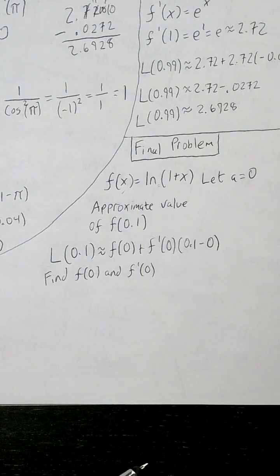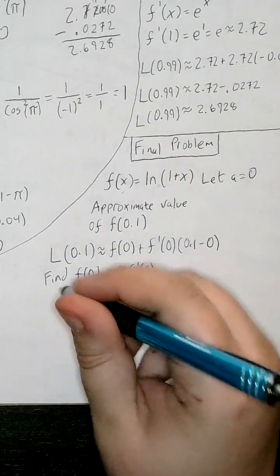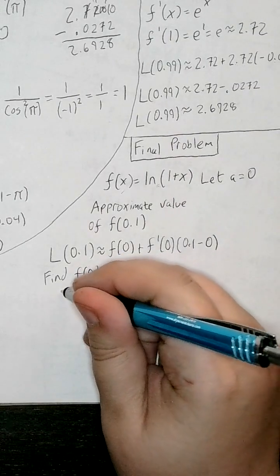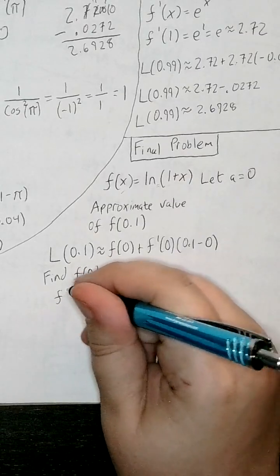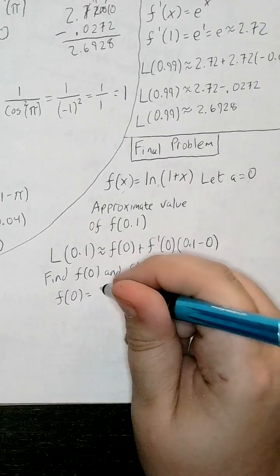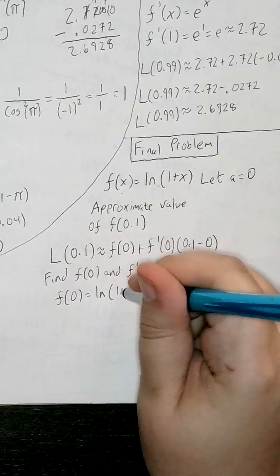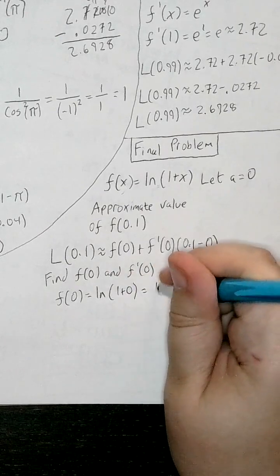What is 1 plus 0? Joyce says 1. 1 plus 0 is 1, right? So f of 0 is equal to the natural log of 1 plus 0, which is equal to the natural log of 1.